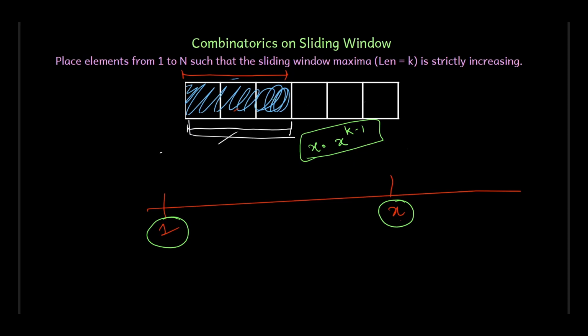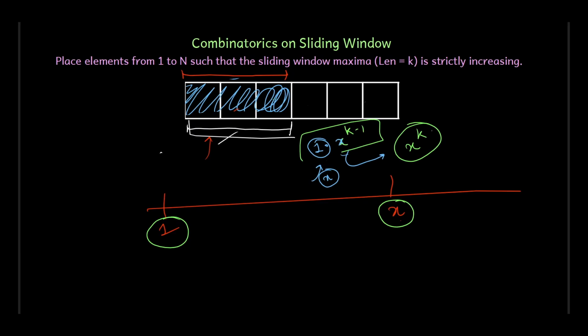Why? Because this is just x to the power k. So of course this is incorrect. Sorry, I wanted to say something like this. Let's say you do 1 into x to the power k minus 1. You think that, okay, I will pick one element, assign it as x, and then the remaining elements will go to x to the power k minus 1, because once maxima has been achieved, every element has freedom.